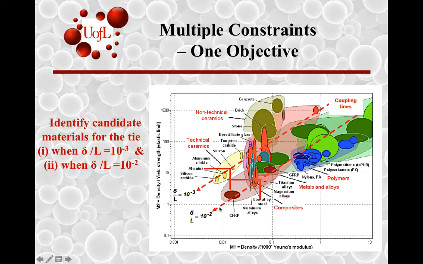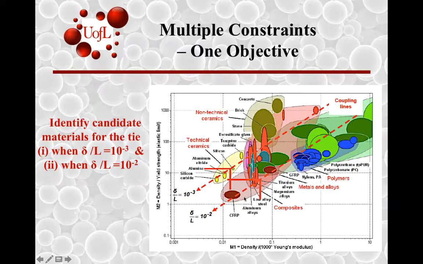It'll be good to try these out on EduPack to apply different slopes. And the main thing is for the first constraint, where L over delta should be at least 1000, you end up having a bunch of ceramics dominating the scene, because we have to take the minimum masses, right? When M1 is set equal to M2 in terms of the two masses. So we are looking at some things in this kind of corner.